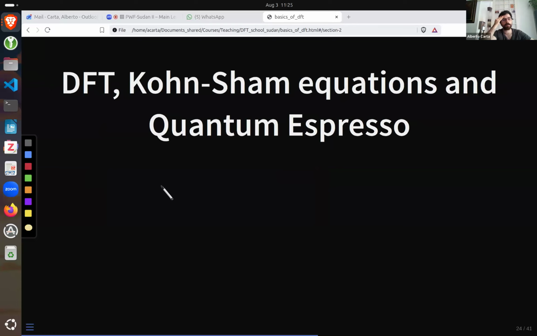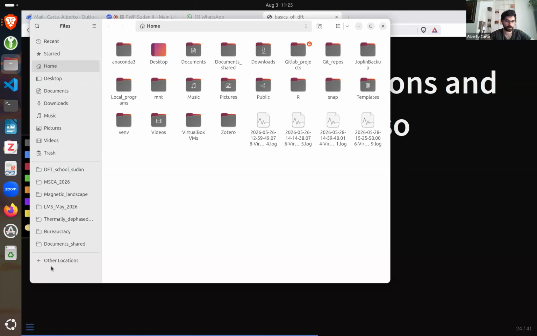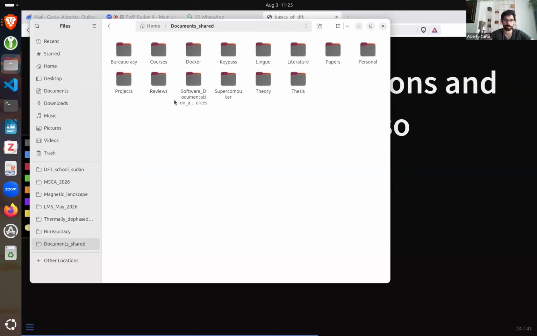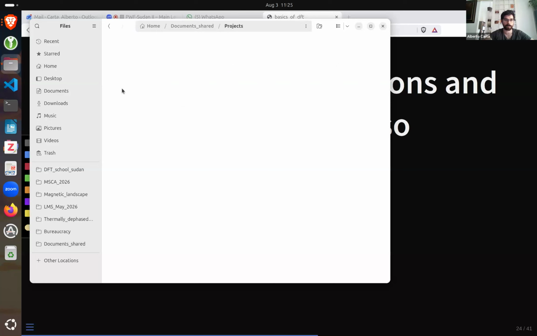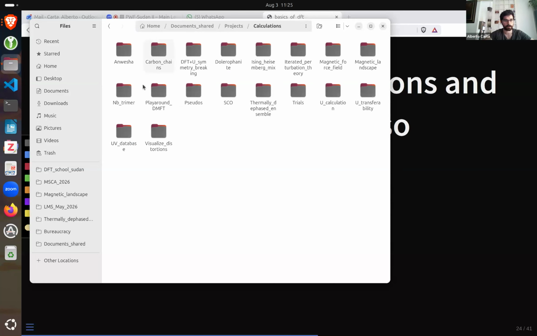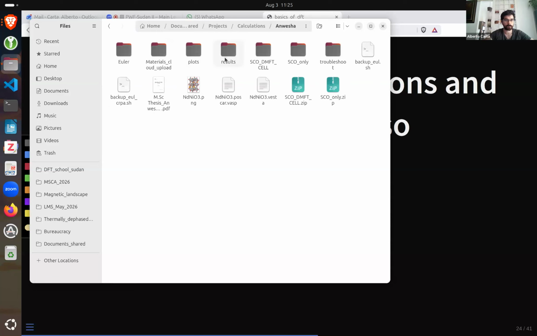Yes, so let me see if I have an example. I don't have it in the slides, but I have it in my research. If you give me a second, I can show you an image of how it would look.